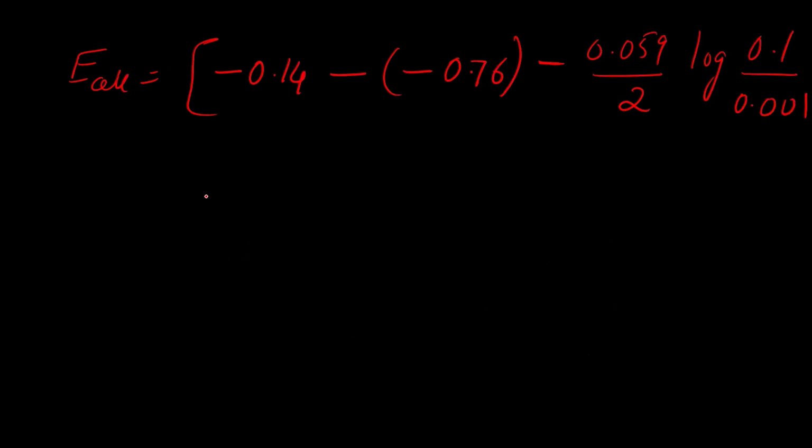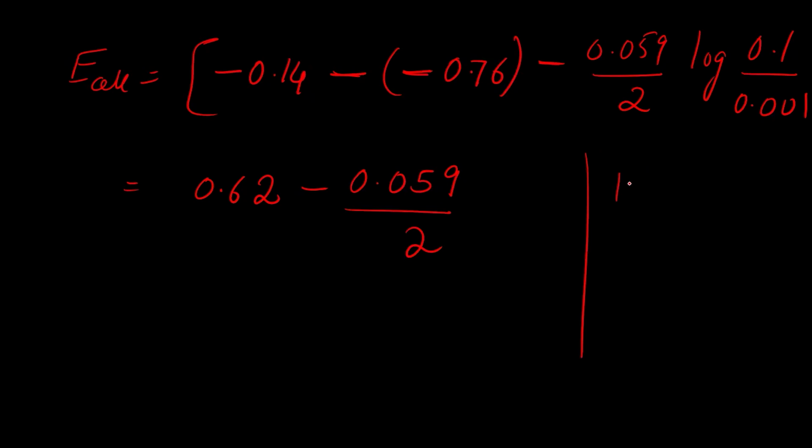Now this minus will become plus, so you will be getting the value as 0.62 plus value, minus 0.059 by 2. What is this value? Log 0.1 by 0.001. Just multiply with 1000.